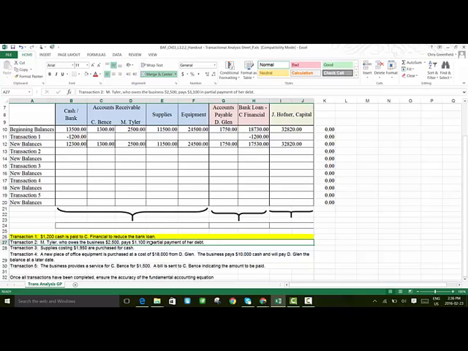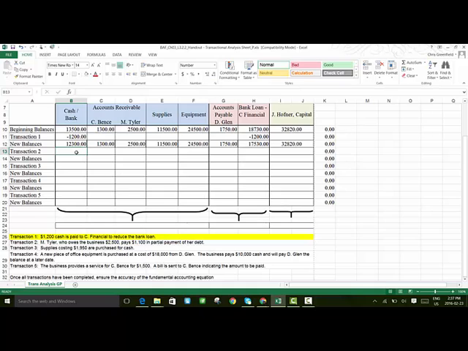All right. So intuitively, we should know that if M. Tyler is paying us $1,100, we're going to have an increase in the bank of $1,100. Now, as I've said before, we can't stop there because we only have one piece of the transaction. For instance, if I were to put in my $1,100 right here, you'll notice now that my line isn't balanced.